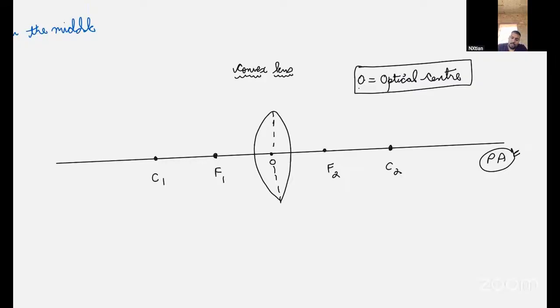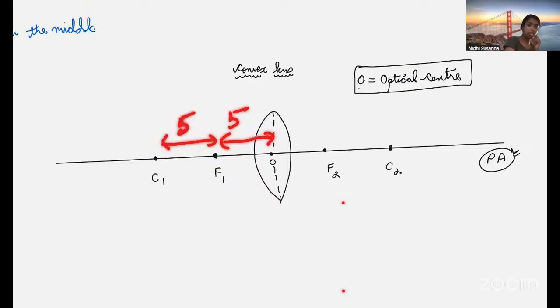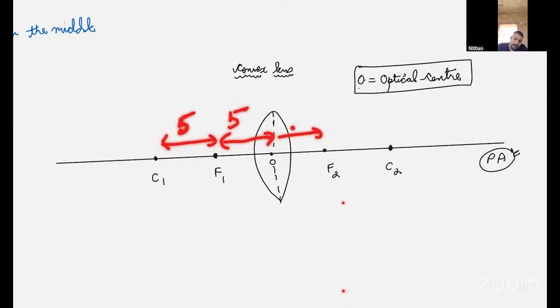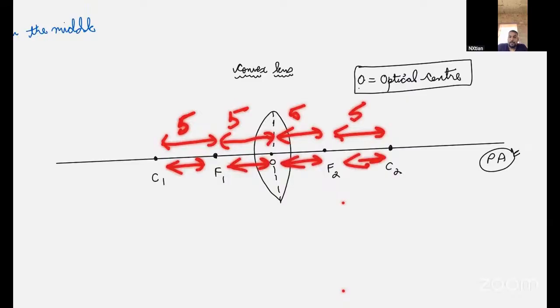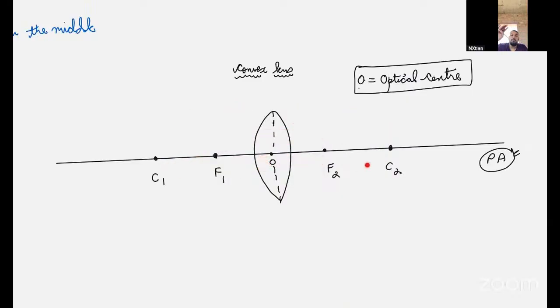If you take the F1 and O distance as 5 centimeter, then the F1 and C1 distance should also be 5 centimeter because F1 is the midpoint. So that is 10 centimeters. And the second one, if you take O and F2 as 5 centimeter, then F2 and C2 is also 5 centimeter. Means each difference should be 5 centimeter. If you're taking the value as 4, each value should be 4 centimeter.